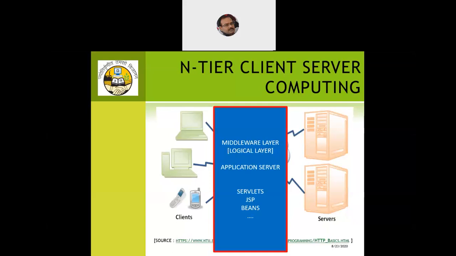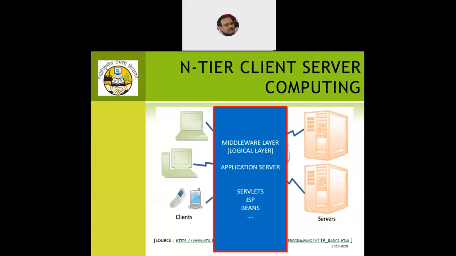Now this can be hosted either on the client side or on the server side, the web server side, or we can have an additional server called the application server. Various application servers exist, like the Apache Tomcat server, the Pramati server, the BEA WebLogic server, and IBM servers.